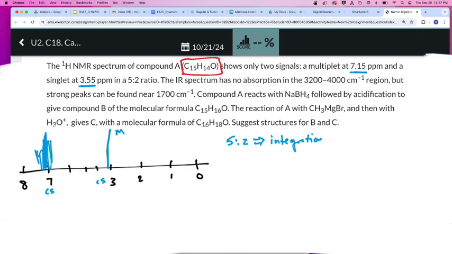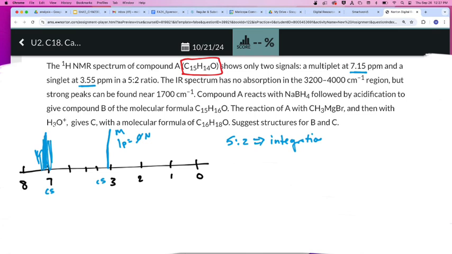They said 1 peak. If we have 1 peak, what does that mean? 1 signal. Technically 1 signal, yeah. Let's do a little better than that. How many neighbors? None. Okay, so 0 neighbors.